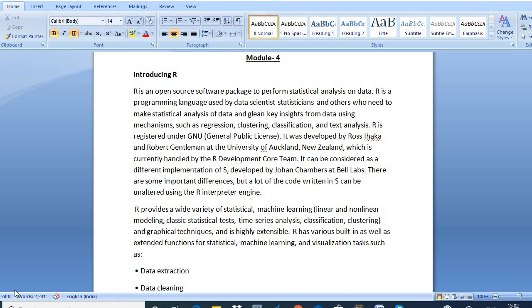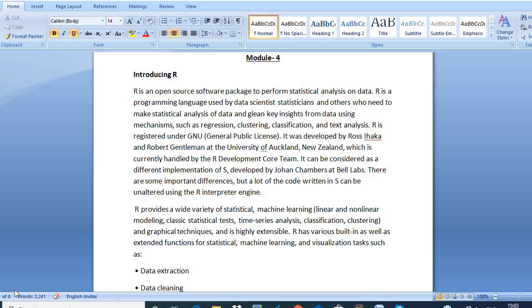R is registered under GNU, that is General Public License, and R was developed by Ross Ihaka and Robert Gentleman at the University of Auckland, New Zealand. Now it is handled by the R Development Core Team.